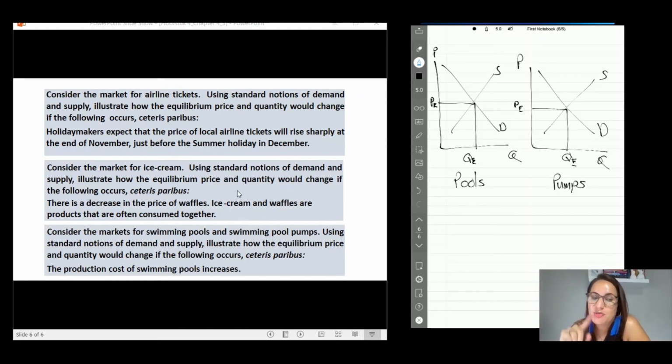Aha. Production cost. Production cost is a determinant of supply. So a determinant will shift supply either to the left, decreases, or right, increases. So if pools become very expensive to produce, supply will decrease. So it will shift to the left, establishing a new equilibrium price and equilibrium quantity.